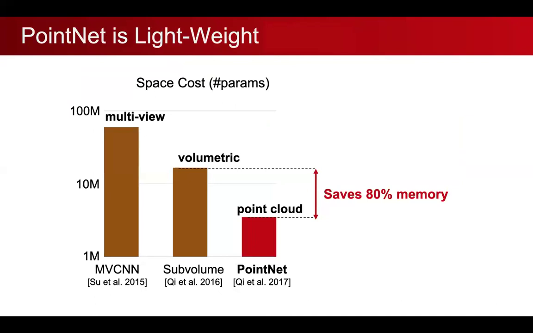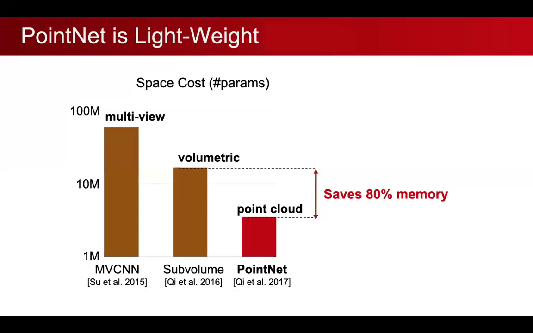And as a result, we can see first that the PointNet is very lightweight compared to what we have seen in the previous lecture. Like there's volumetric neural networks and multi-view neural networks, 3D voxel grids and multi-view.